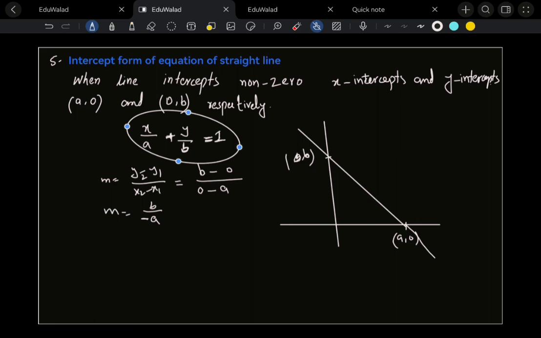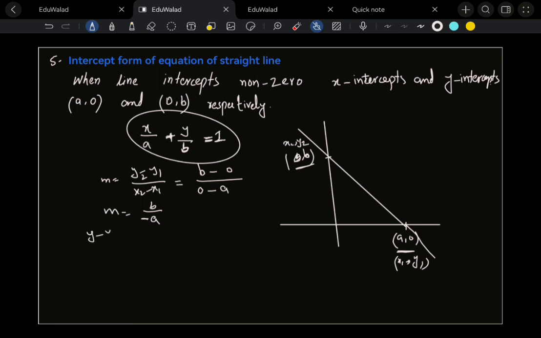So we know that y2 minus y1 over x2 minus x1 is the slope. Here this point is x1 y1, and this point is x2 y2. So y2 minus y1 is b minus 0 over x2 minus x1, which is 0 minus a.